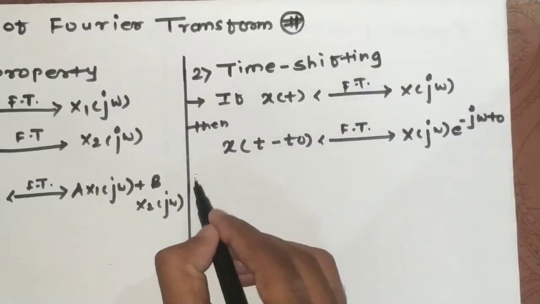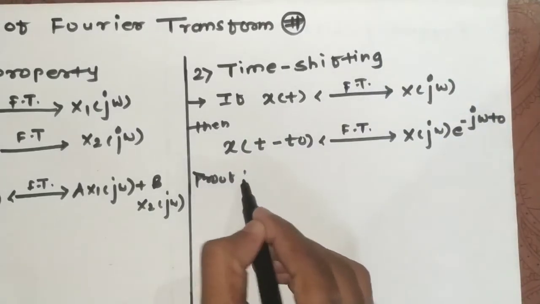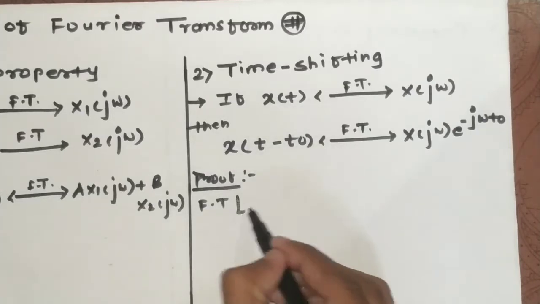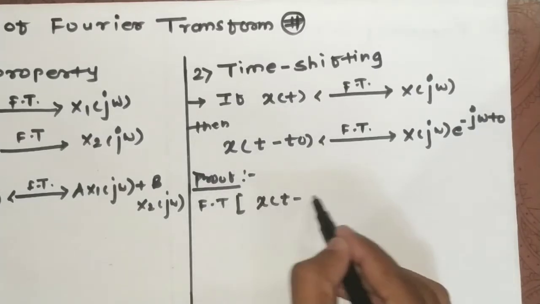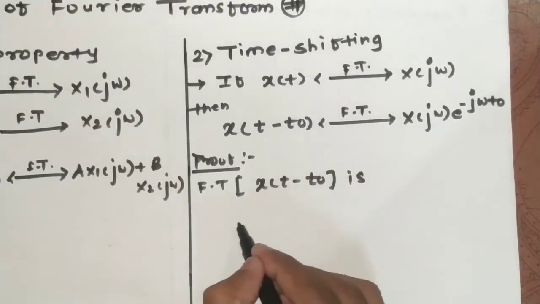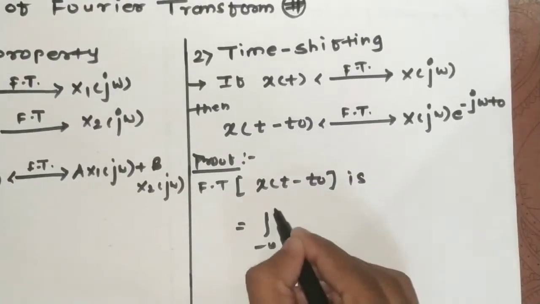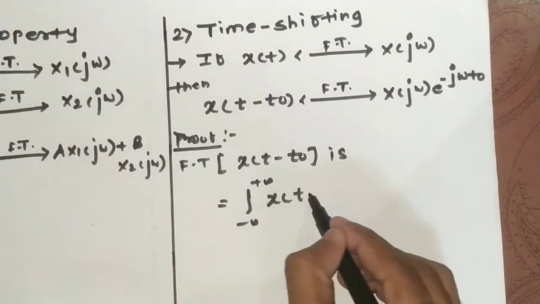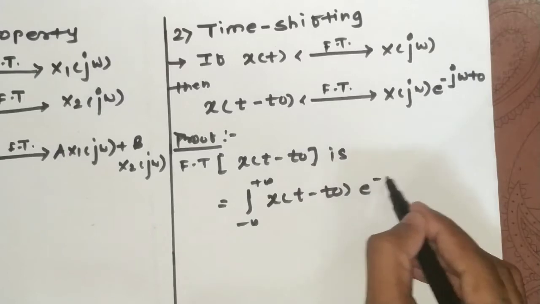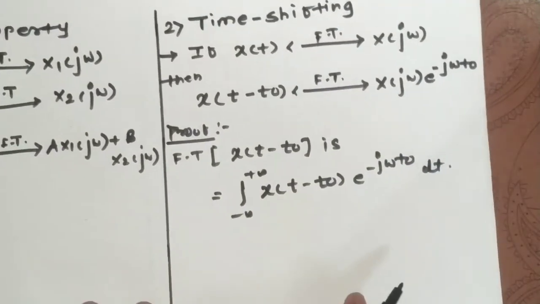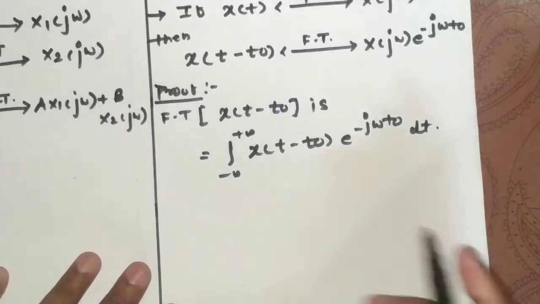Now to prove this property, we will write the Fourier transform directly. We have to find the Fourier transform of this function x of t minus t naught, so we have the formula: integration, we'll keep the integration term as it is, x of t minus t naught, exponential minus j omega t into dt. Now let us come to the second step.